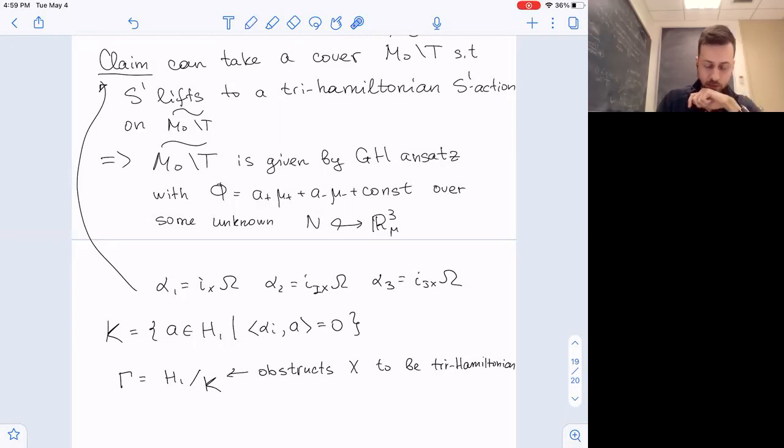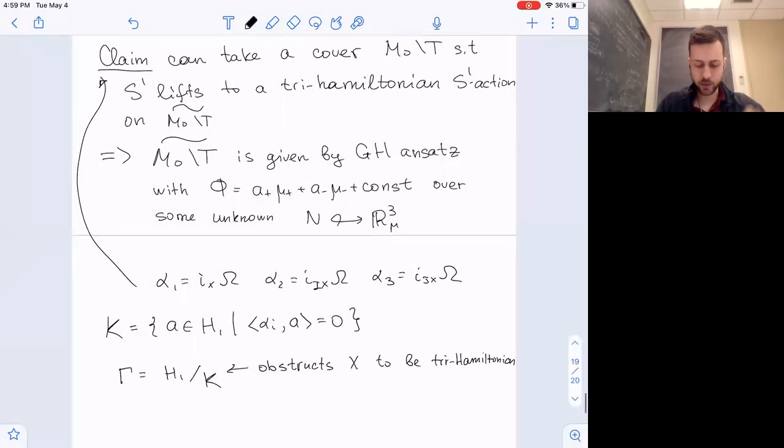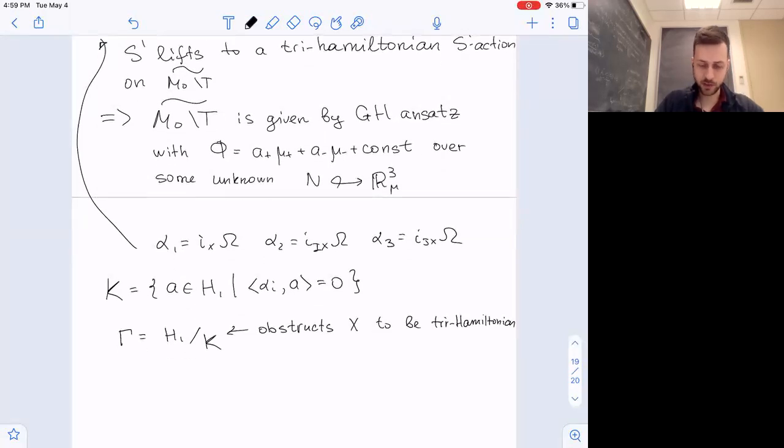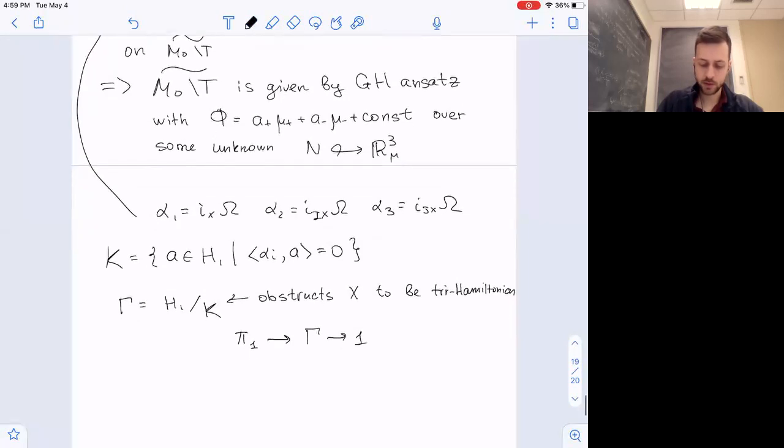But then you can see what the cover is. The cover exactly is the cover corresponding to the deck transformation group gamma. So you have a projection map from the fundamental group to gamma, and this deck transformation group, which appears in this cover, is exactly group gamma.